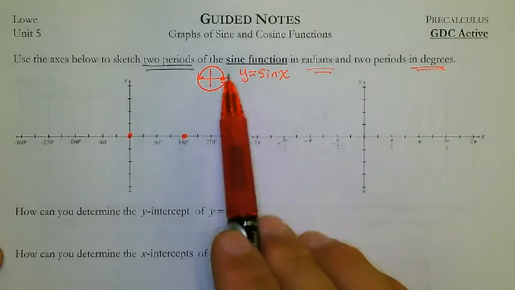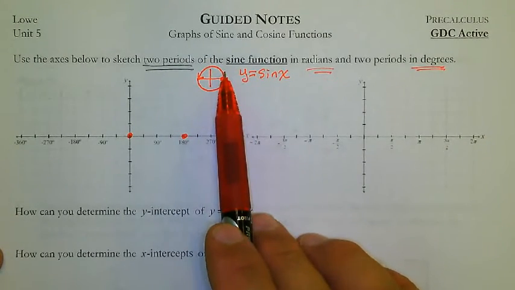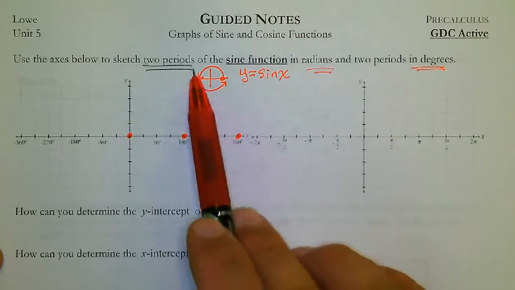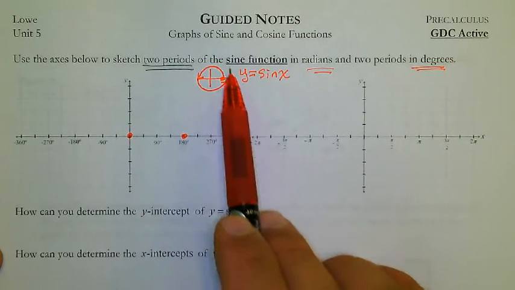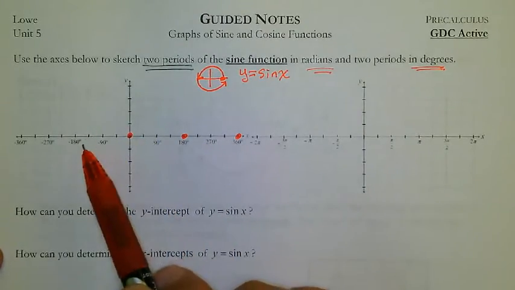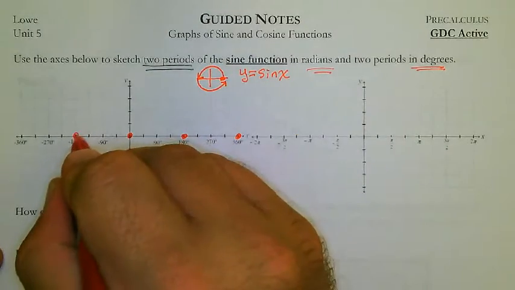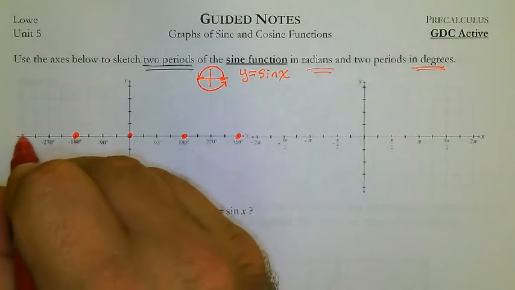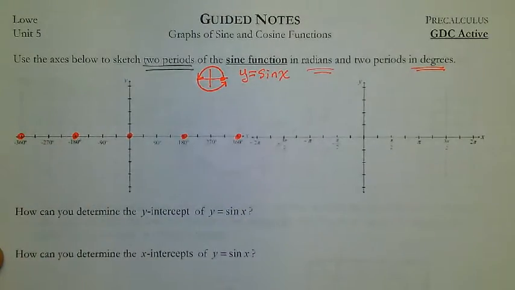Now, we could have done this going backwards. Every half a revolution, whichever direction I'm going, my sine ratio will be 0. So I could go backwards 180 degrees, sine ratio is 0. Backwards another 180 degrees, the sine ratio is 0.